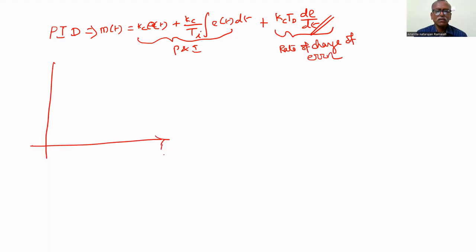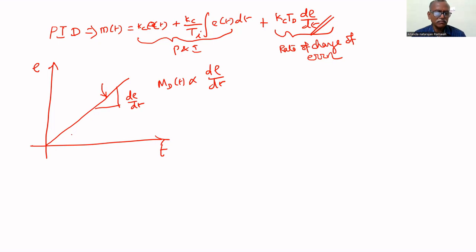Suppose you are having a time versus error plot. The error is increasing like this, which means slope, that is d by dt. Here M_D of t is proportional to d by dt. It means what? Suppose the slope is higher.